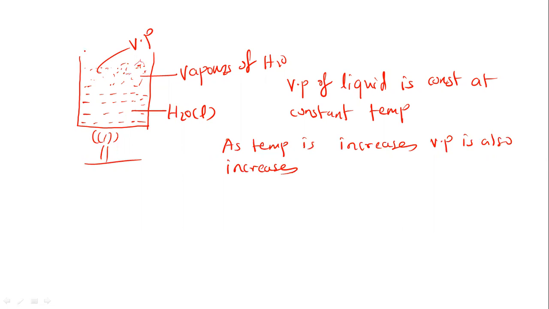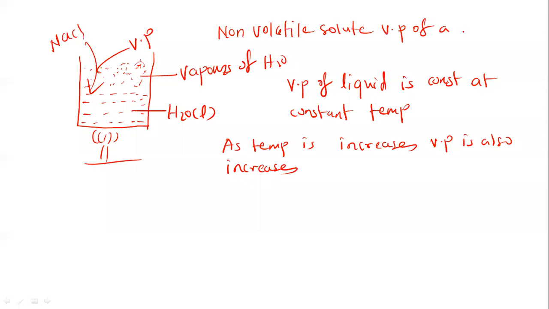Even though we are adding a solute here, any solute, if we are adding sodium chloride, what happens? The vapor pressure gets reduced. So due to the addition of a non-volatile solute, the vapor pressure of a liquid decreases, because that solute occupies the solvent molecules.